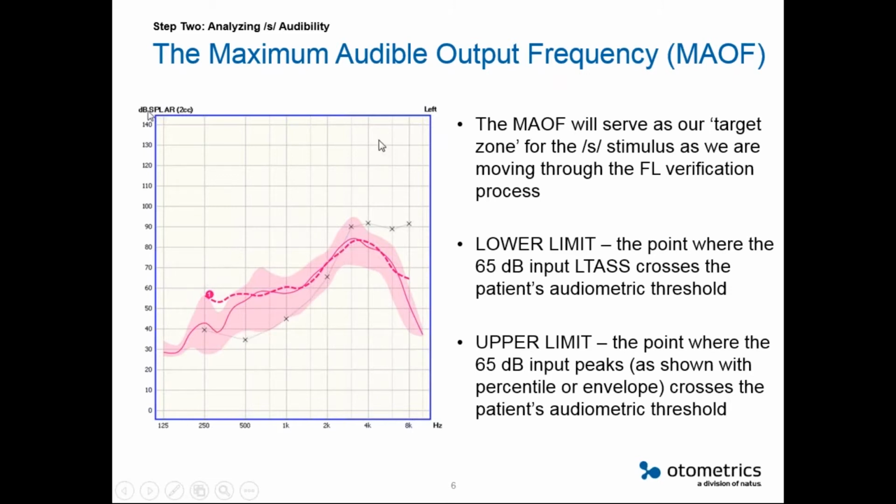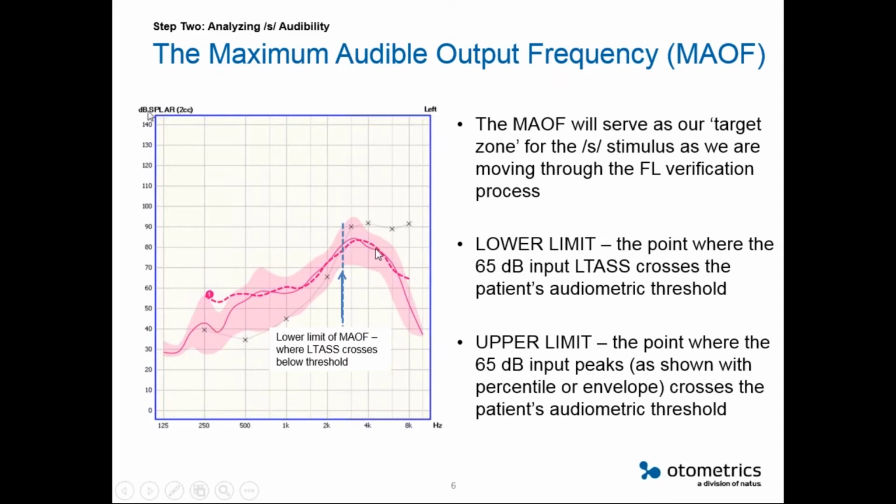To map the maximum audible output frequency, or the MAOF, the first boundary that we're going to set is the lower limit, and that's right here. The boundary for that is found at the point where the hearing aid response, the solid line, crosses the patient's audiometric threshold. Where does the LTAS stop being audible? And that's right here, just before about 3000 hertz.